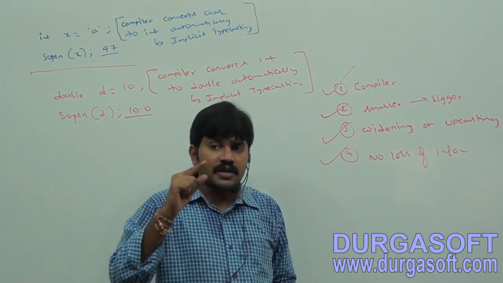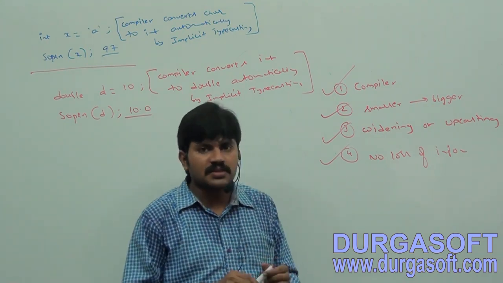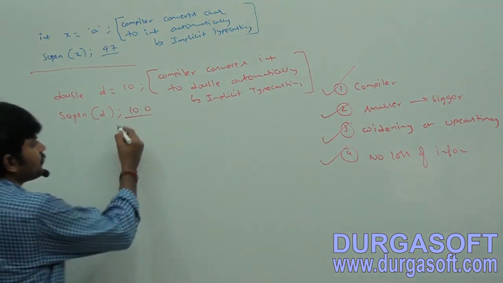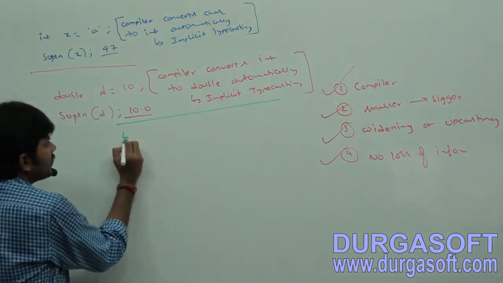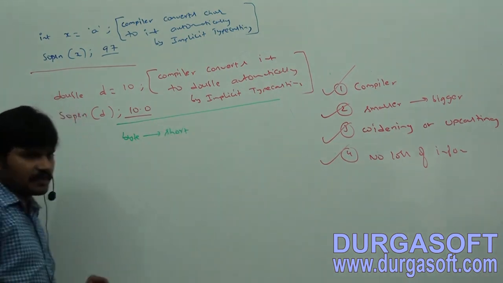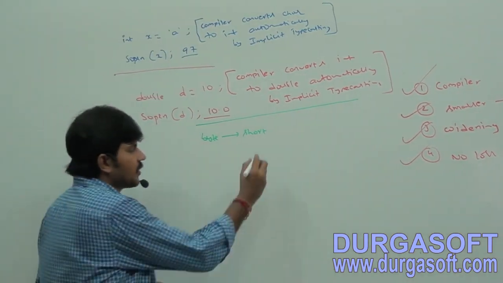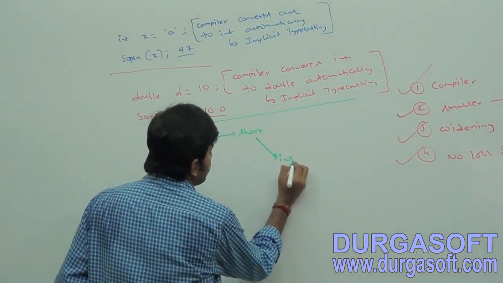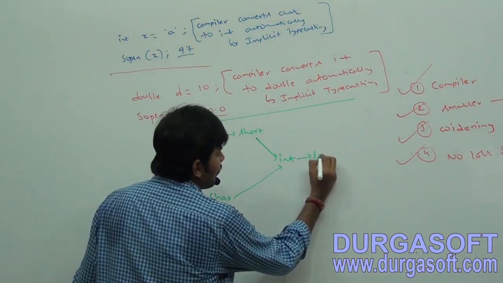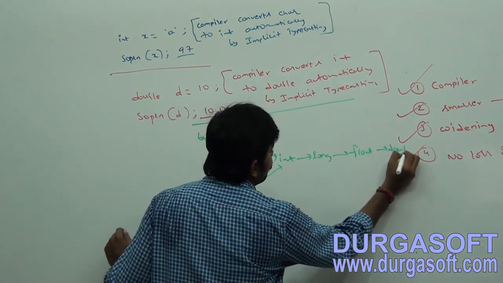Sir, can you tell any areas where implicit typecasting is required or will be performed? Very simple. Here, see this one. Byte to short, implicit typecasting or not? 1 byte to 2 bytes, yes, implicit typecasting. Short to int, char to int, int to long, long to float, float to double.